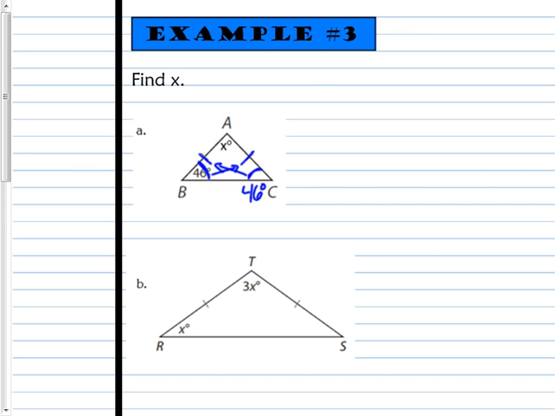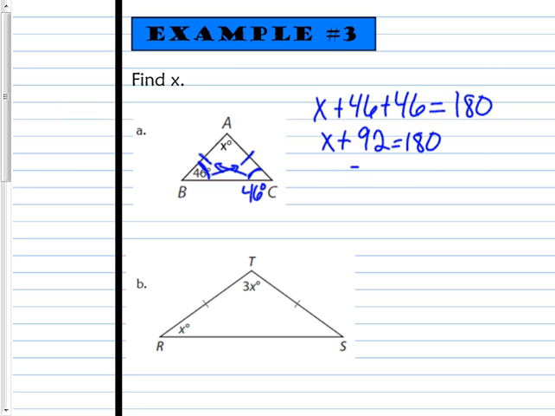Sure, because x plus 46 plus 46 have to add up to what? 180. Okay, so x plus 92 equals 180. Subtract 92 from both sides. X equals 88 degrees.